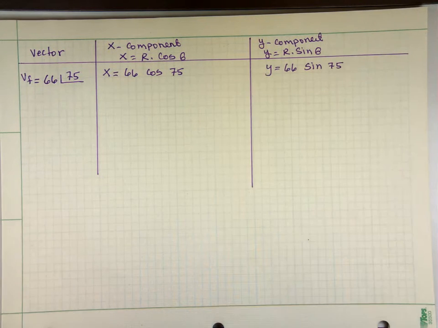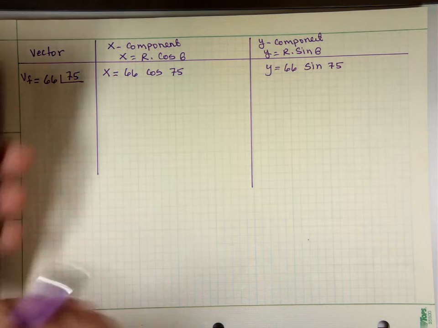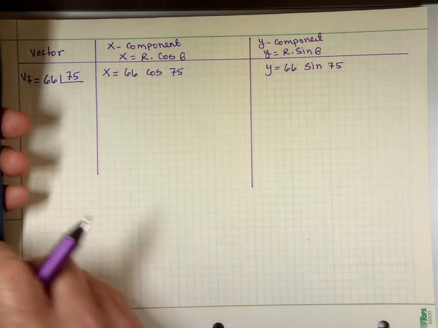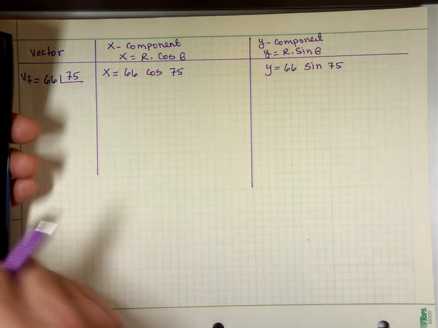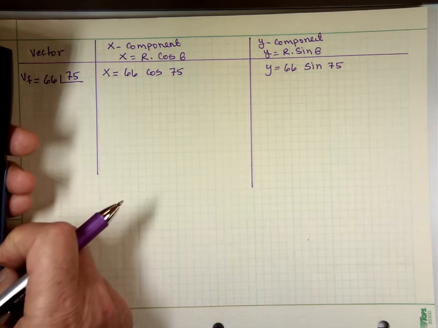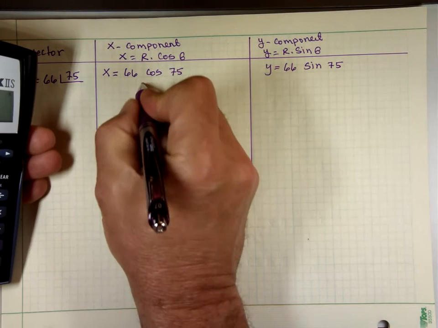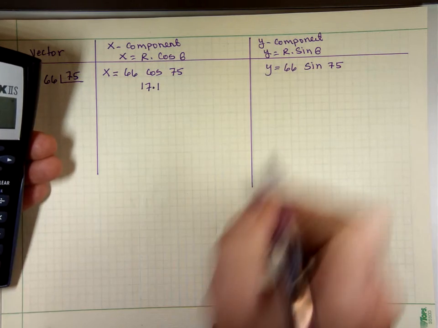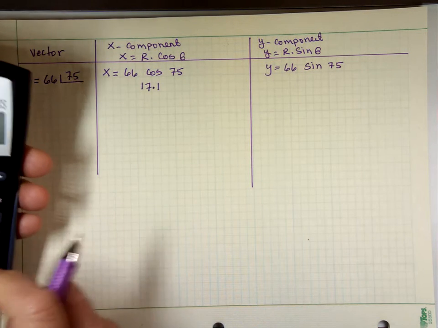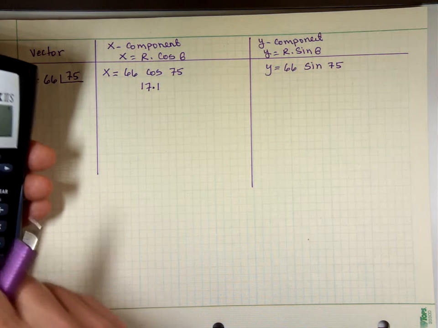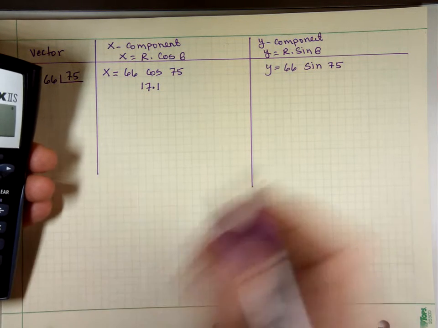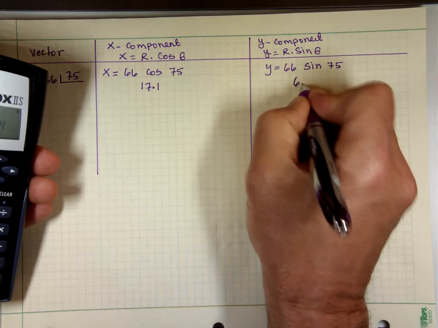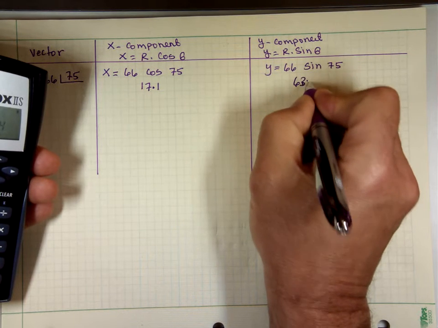Let me go to my calculator and see what these numbers are. 66 cosine the 75 is 17.1 roughly. 66 sine the 75 is 63.75. Maybe I'll do 2 decimal places.